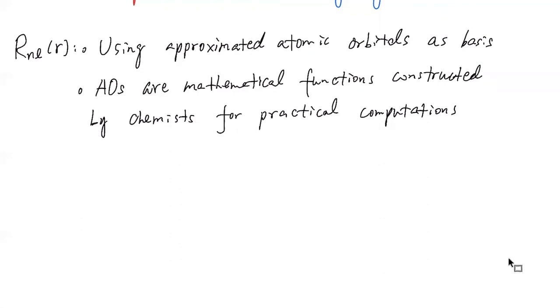But sometimes this cannot be done. Sometimes we construct the functions by satisfying several exact properties, but not all of them, because otherwise we cannot have really efficient and fast computations. When I say computations, I mean you use those atomic orbitals to calculate molecular integrals.